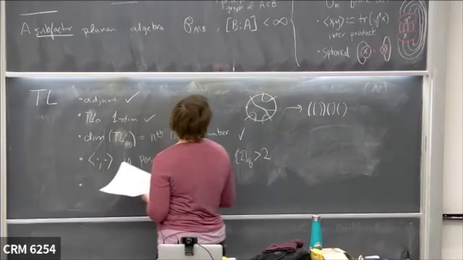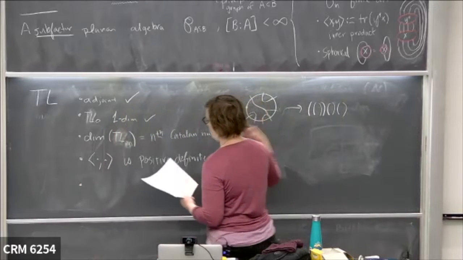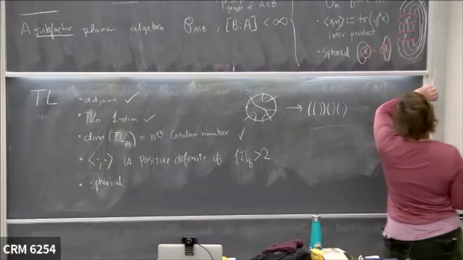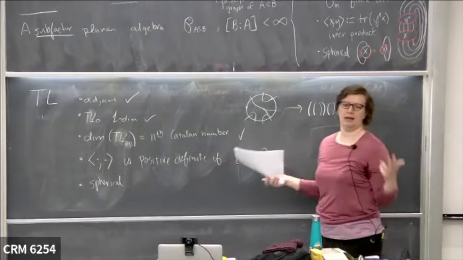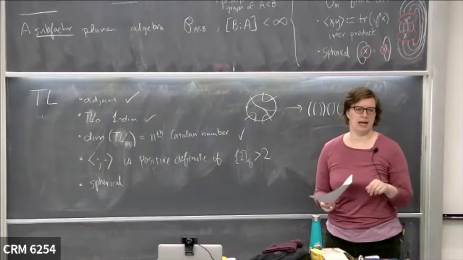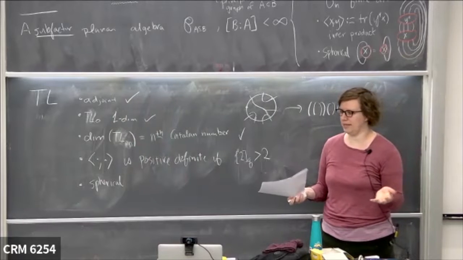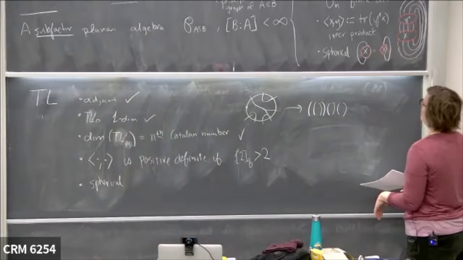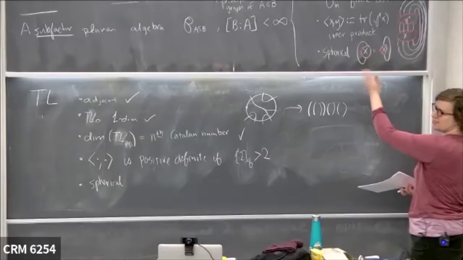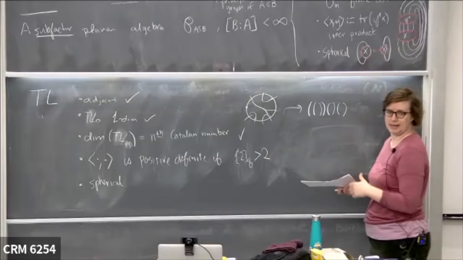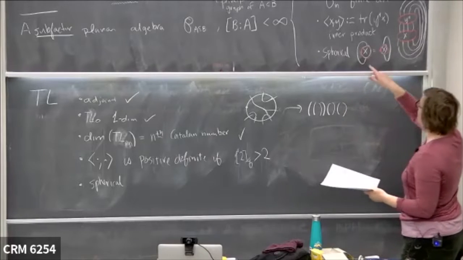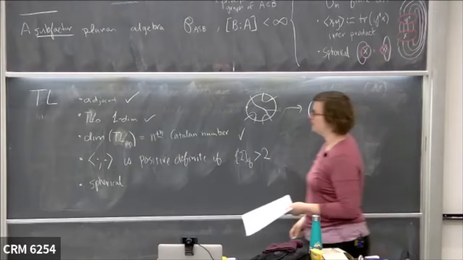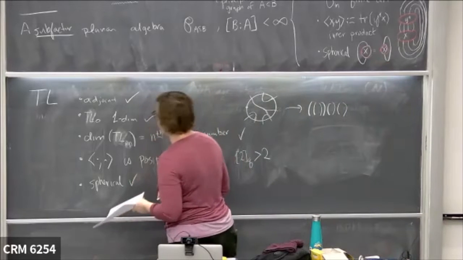And finally, what else? Sphericality. When we take a trace of something, we no longer have any unconnected strings. We just have a whole lot of loops. It looks like a plate of SpaghettiOs, right? And it doesn't really matter how much you stretch these SpaghettiOs, you still have the same number in the end. So drawing this like this or like this doesn't change that number. So spherical it is. Excellent.